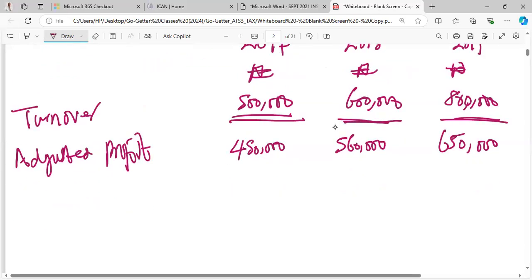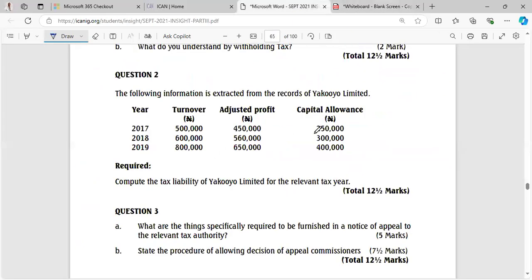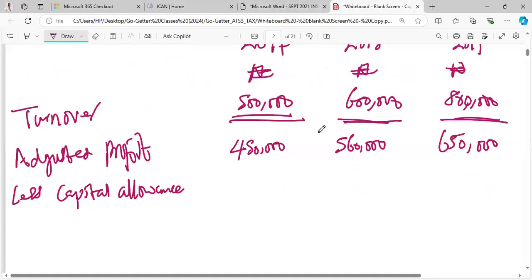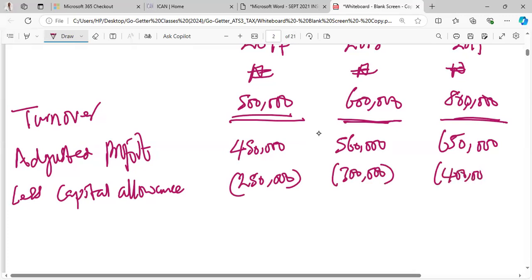Okay, after adjusted profit, you are going to less capital allowance. How much is our capital allowance? 250, 300, 400. So this is 250. This is 300. And this is 400.